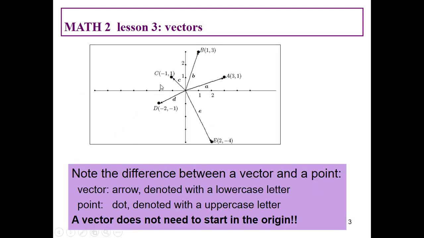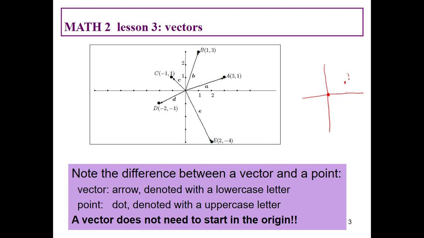If we look at the difference between vectors and points, then a point is really some point in space. So if I have a two-dimensional space and this is point 0, 0, then the point 2, 1 would exactly be this position, 2 to the right, 1 up. So this is a point, and we denote this point with a capital letter.